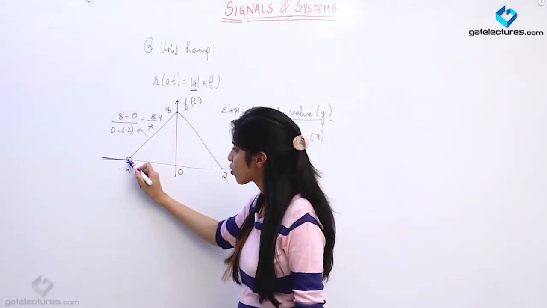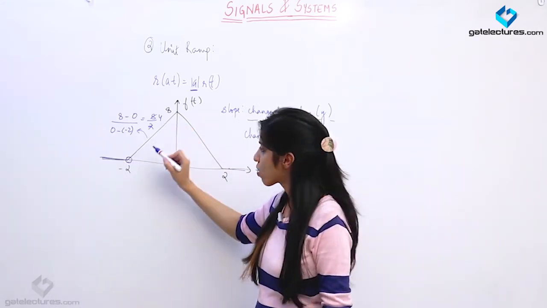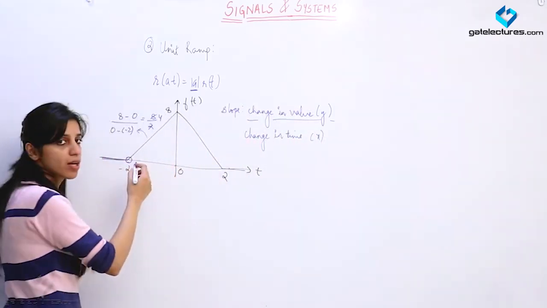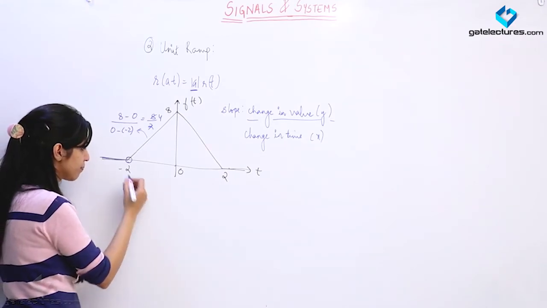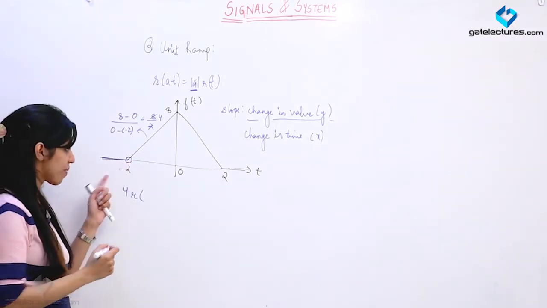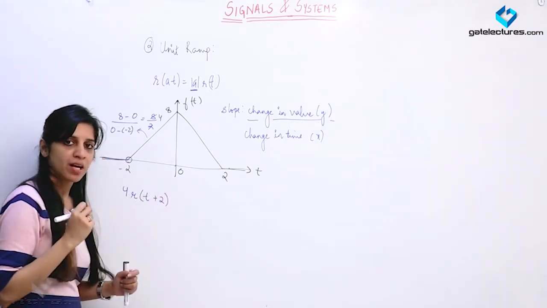Initially the slope was 0, now the slope changed and became 4. So how can I represent this line? As I have already told you, we take the slope as the coefficient of the signal and the point of change, the instant at which it changed, minus 2. So I can write it as 4 r(t plus 2), right?